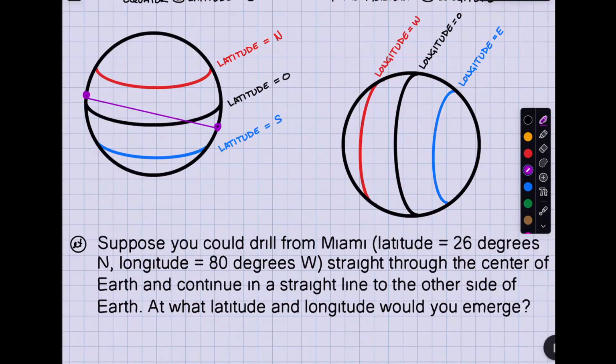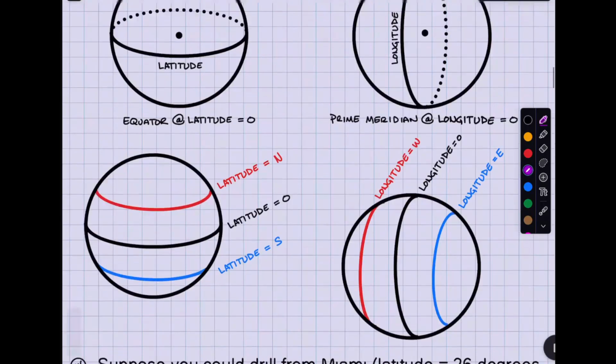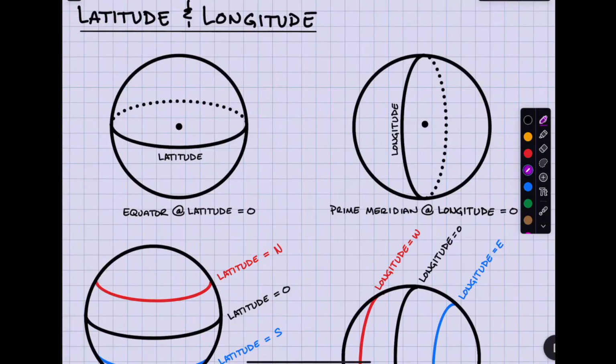Actually, you know what would be a better picture, let me try this. Because it looks like I'm going through the center, right? So do you think that this angle here is the same as this angle here?